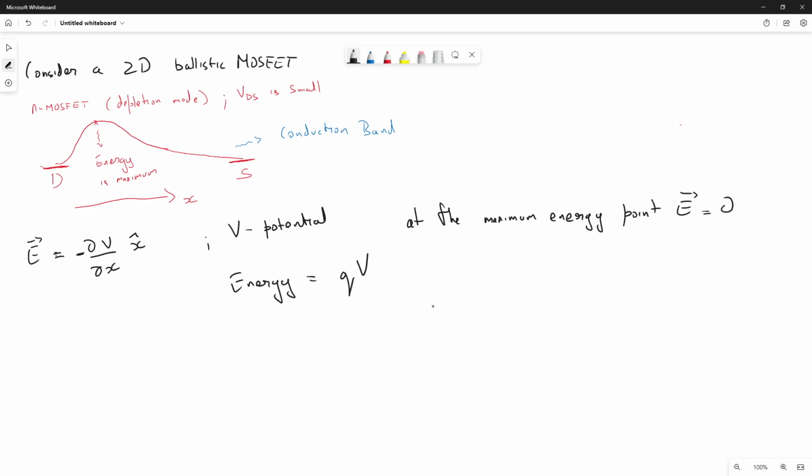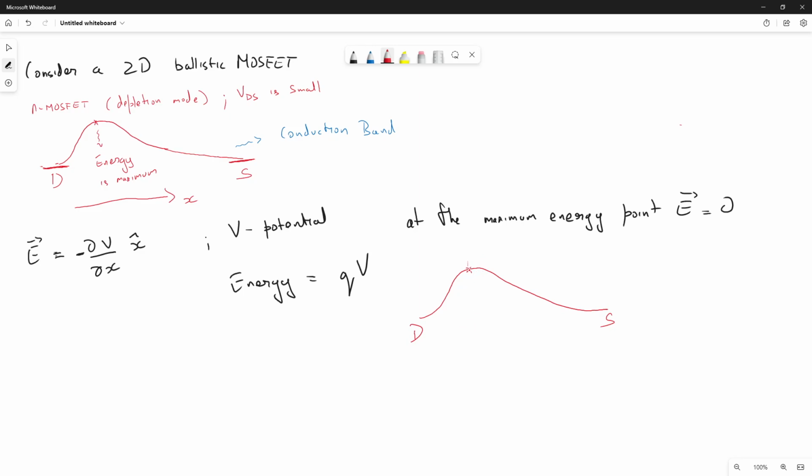Okay. So let me again draw this graph. I have a rising line and a falling line, my drain and my source. So I will have this point, which is roughly the maxima.